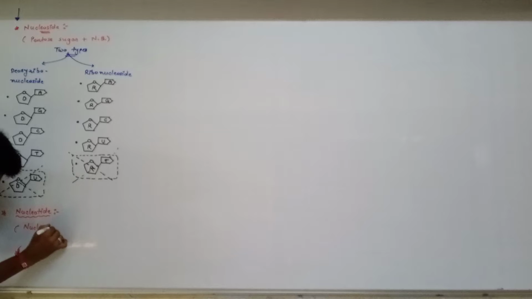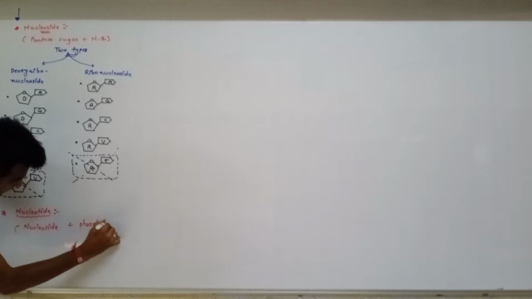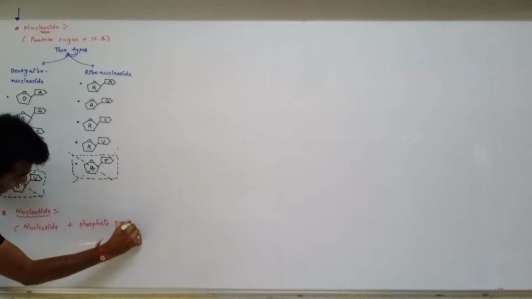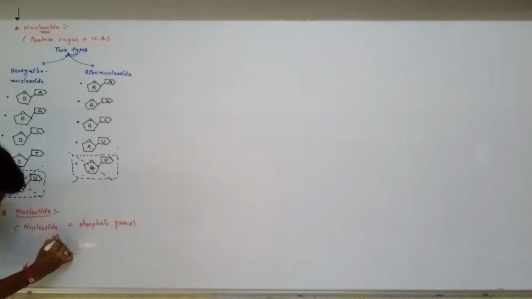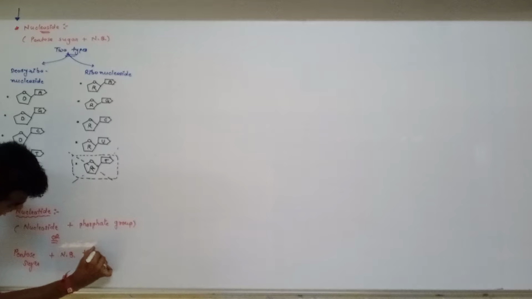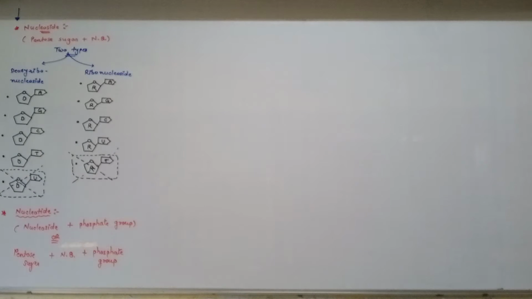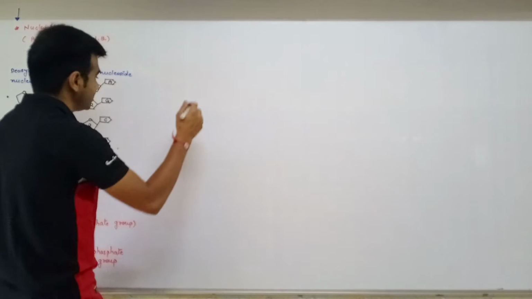Nucleoside plus phosphate group, or you can say pentose sugar, then nitrogen base and phosphate group. Okay, so again here in the same way, nucleotide is also of two types.